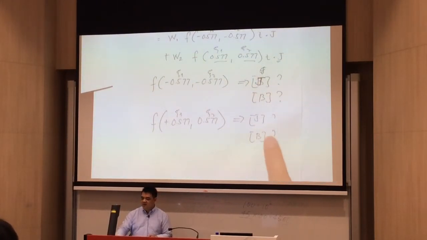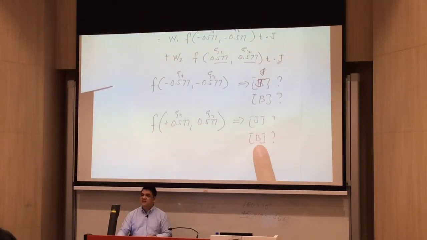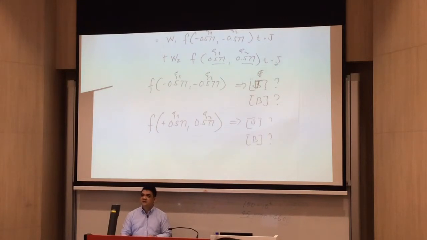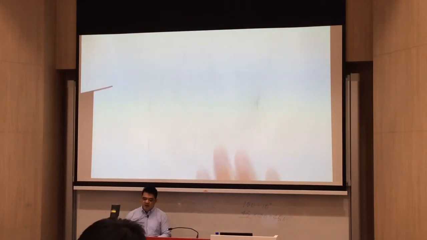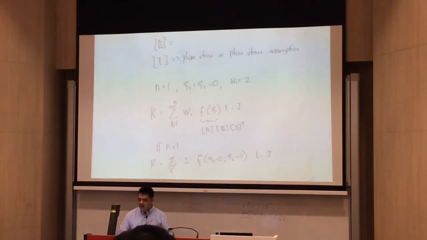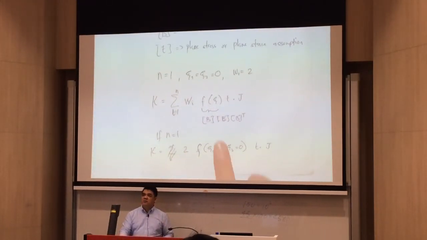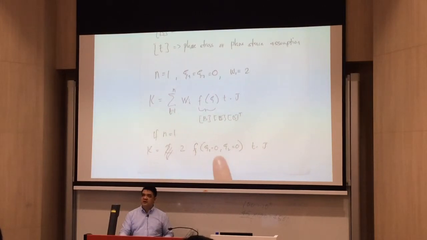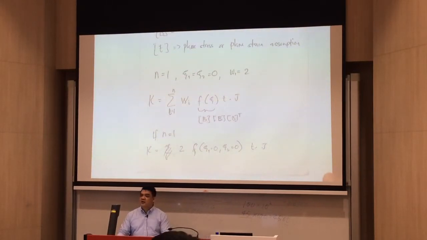So that is when n is equal to 2. Take note that when n is equal to 1, you just need to determine your B and your Jacobian based on C1 and C2 equal to 0. So that's a finite element using one unilateral element.